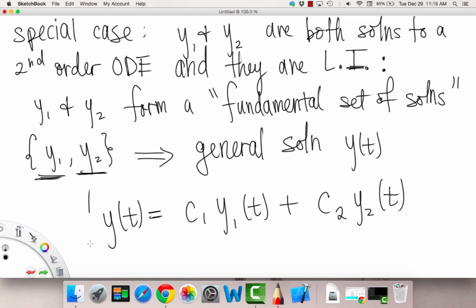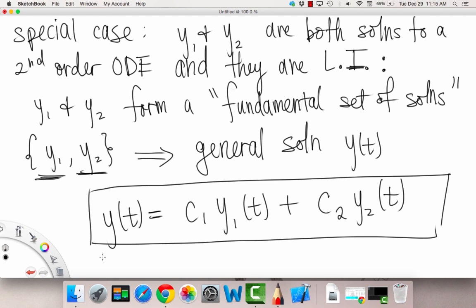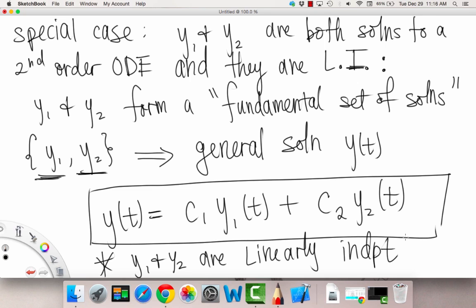So this is our general solution to our ODE, given, important note, that y sub 1 and y sub 2 are both solutions on their own and they are linearly independent of each other. And there we have it, our general solution, which once more contains all of the possible solutions to our ODE.